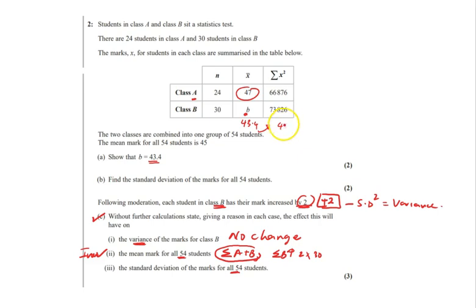So it's more like 45 is coming closer to A. That means if you join them together, the overall difference is going to decrease. So the standard deviation of all the 54 students is going to decrease, because the marks for B have all increased and they move closer to A.